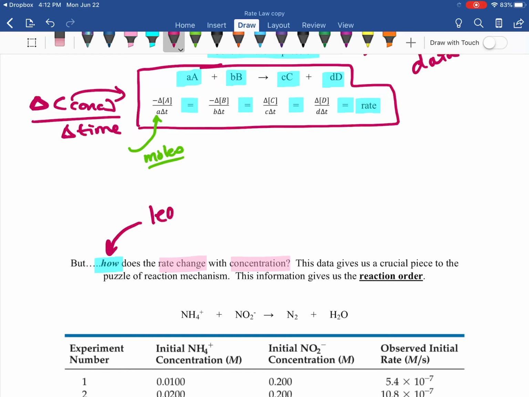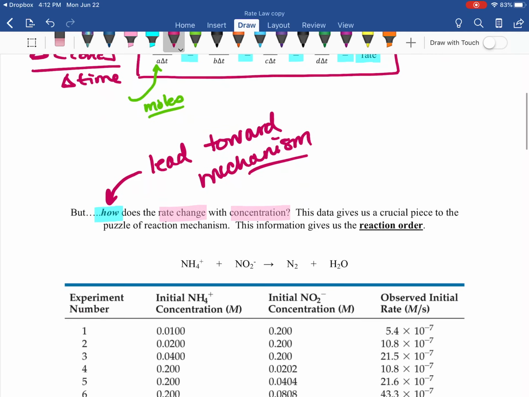This is what is going to lead toward our mechanism. So how do you actually study how your rate changes as your concentration changes? And then as we get that information, what does it really tell us? It's going to end up telling us something called our reaction order, or the order of our reaction.